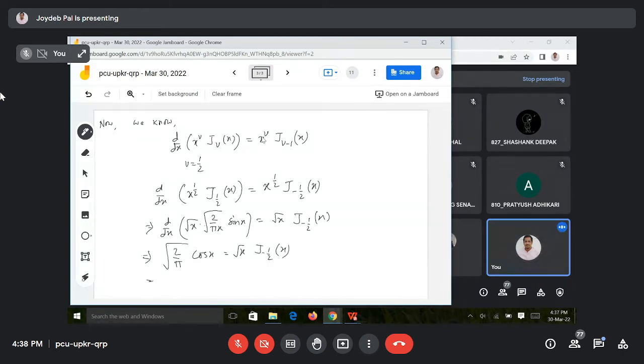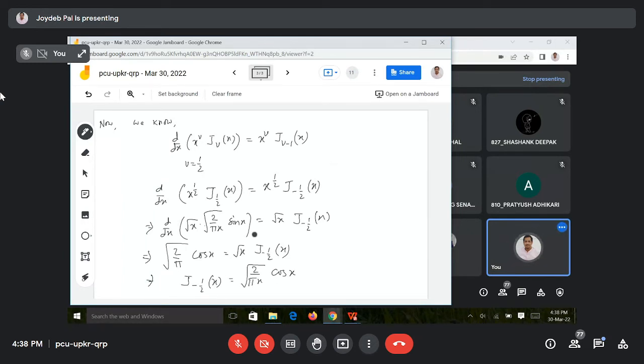Therefore J minus half will have that root x coming to the denominator. Fine. So it is the easiest way to prove that J minus half is equal to root under 2 by pi x cos x.